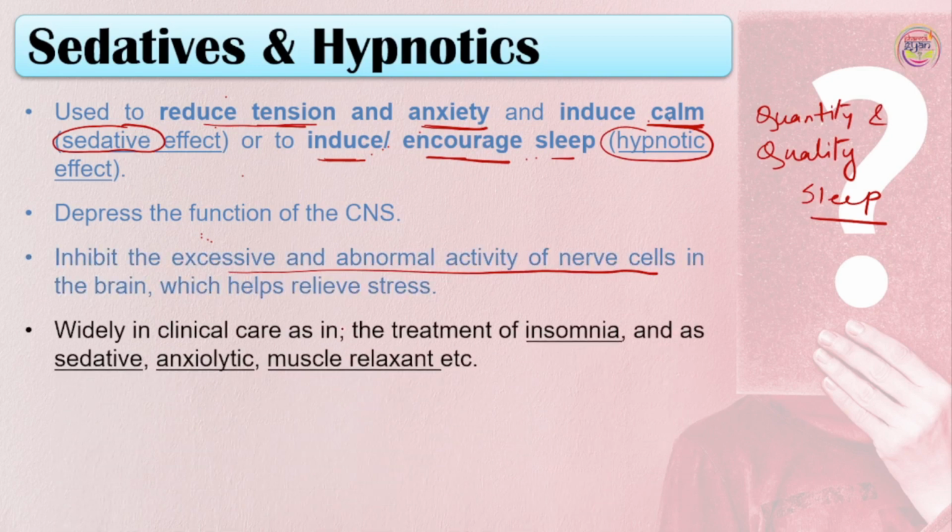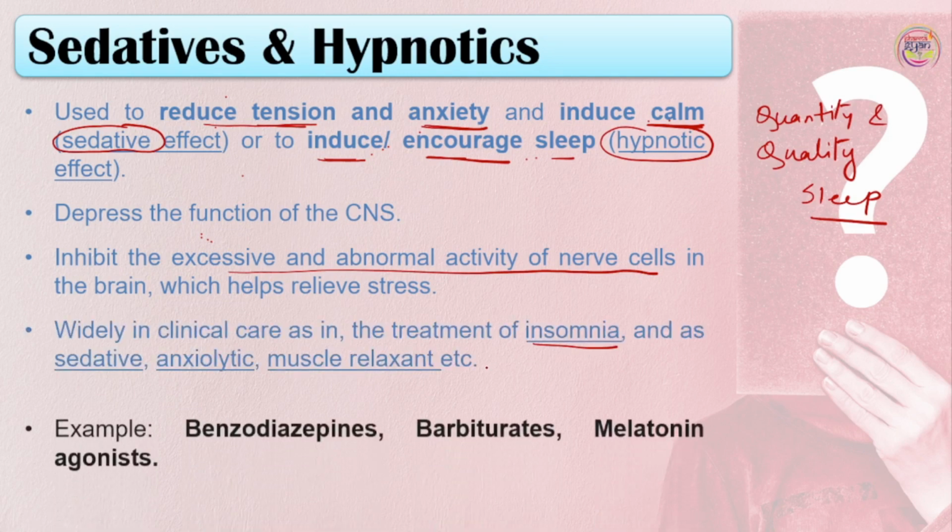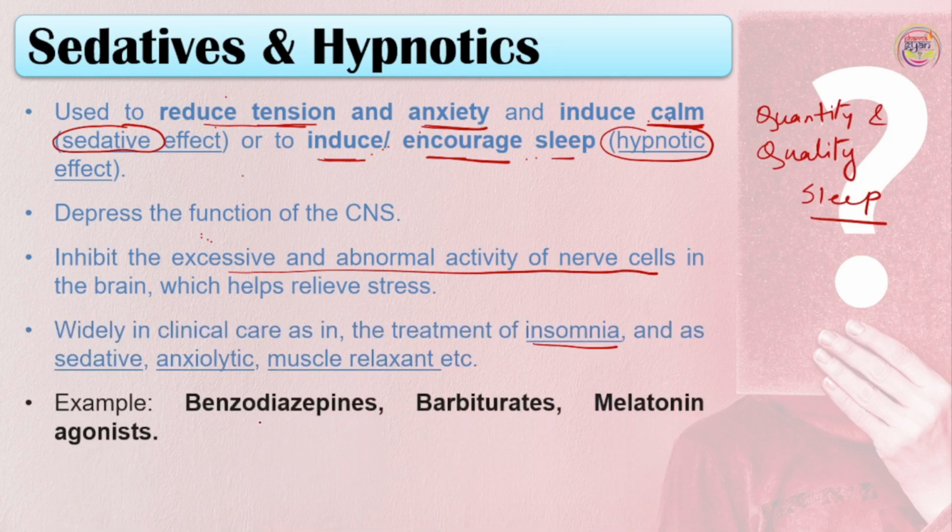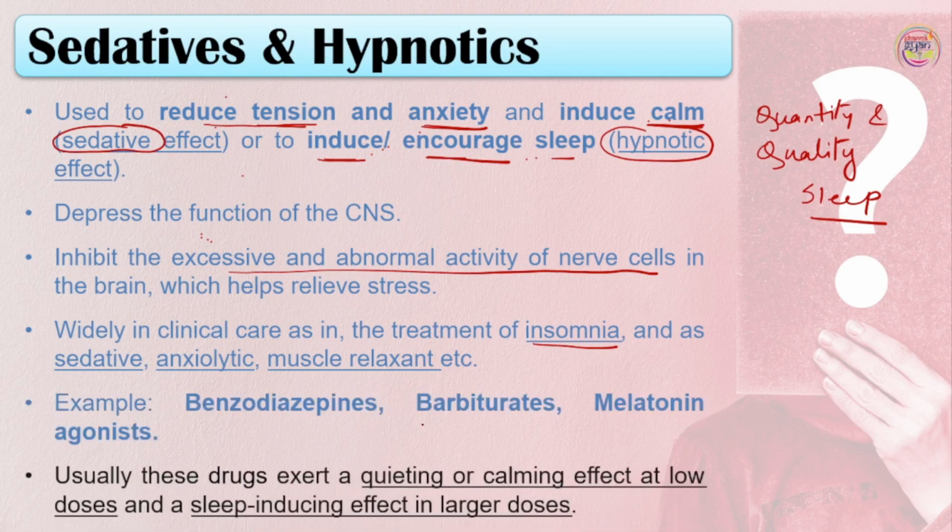These are drugs widely used for the treatment of insomnia as sedative, anxiolytic, muscle relaxant, etc. Some of the examples are the benzodiazepine, barbiturate, melatonin agonist.